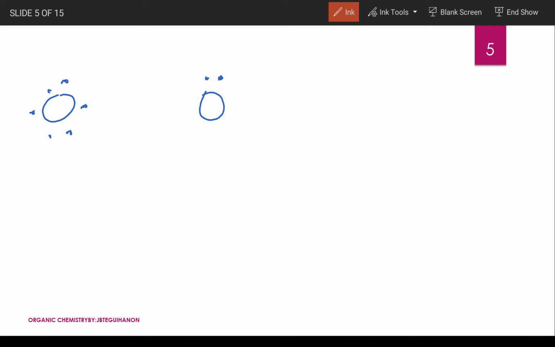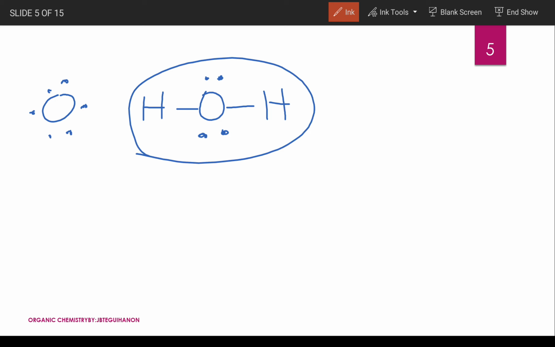You will have a lone pair at the top, and then a single bond to hydrogen, single bond to hydrogen here, and this, of course, we call water, right? We call it H2O or water. And the covalence is 2. This is the covalence.